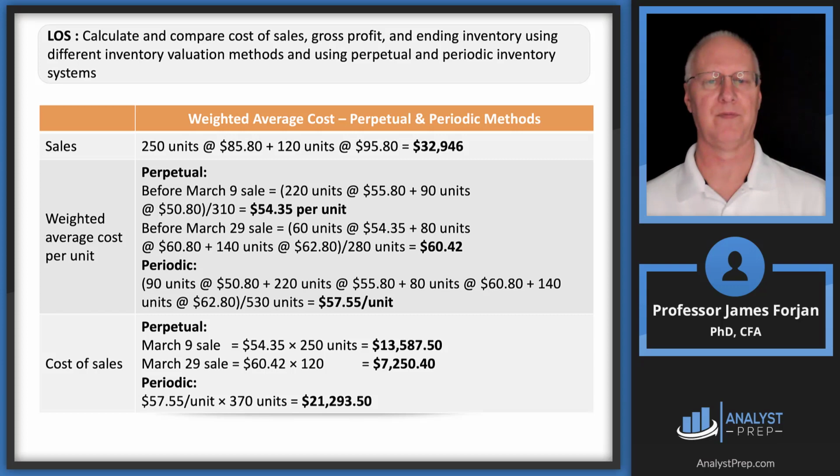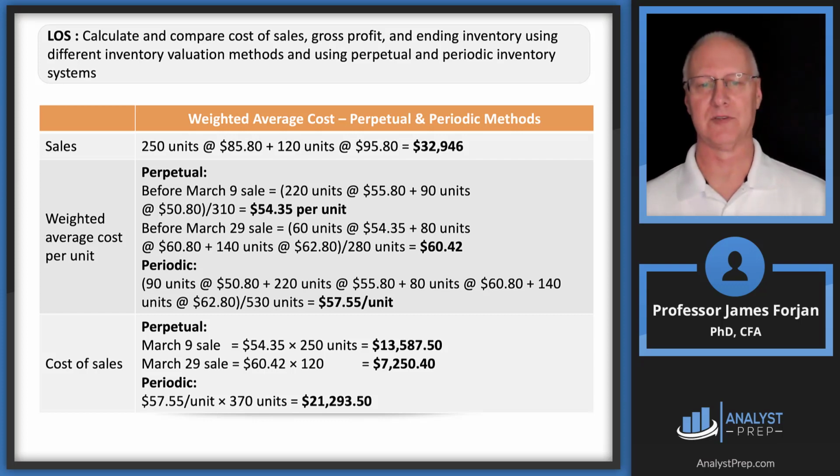That gets us $57.55. So notice that in this case, because we had two sales, we have two weighted average costs per unit under the perpetual method, but under the periodic method, we don't really care how many sales we have. We assign an average value to all 10, as it were, all 10 of my dad's cases of beer.